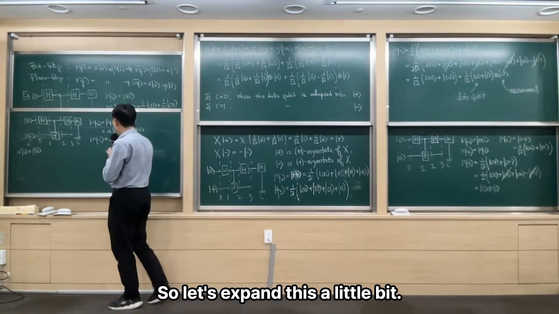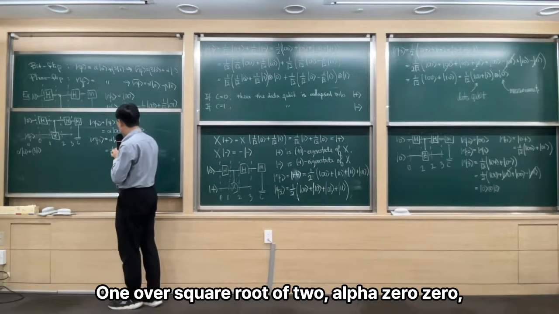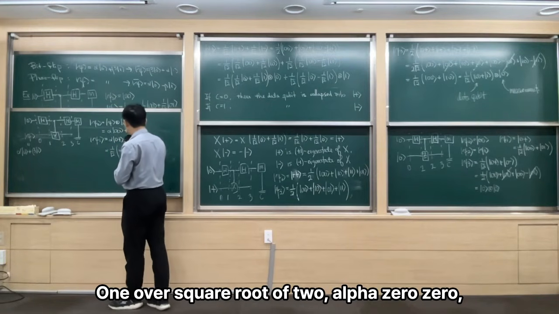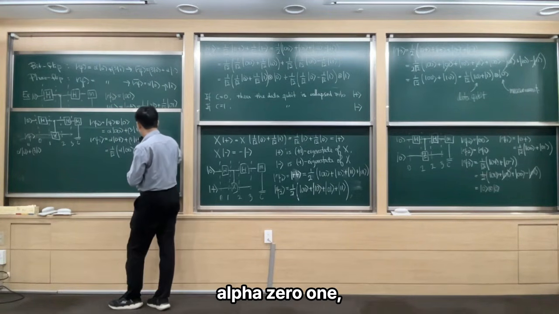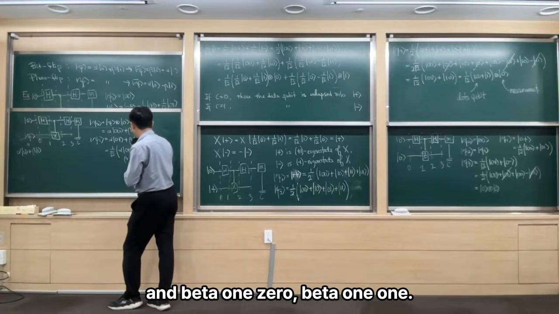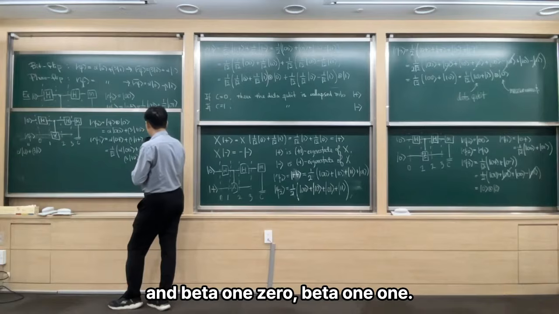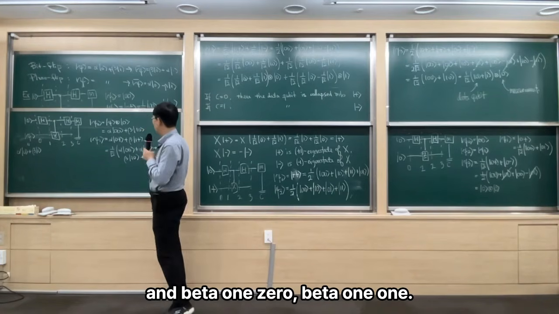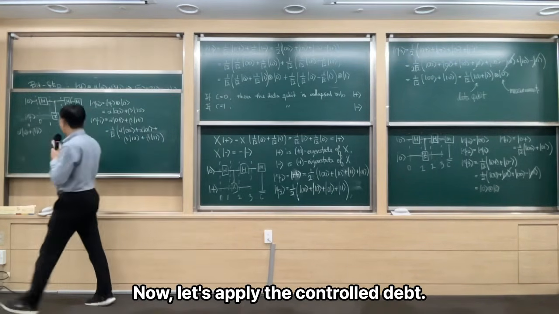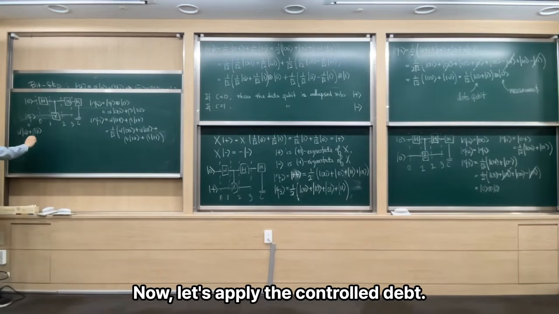Let's expand this a little bit: 1 over square root of 2, alpha 0, 0, alpha 0, 1, and beta 1, 0, beta 1, 1. Now let's apply the controlled Z.